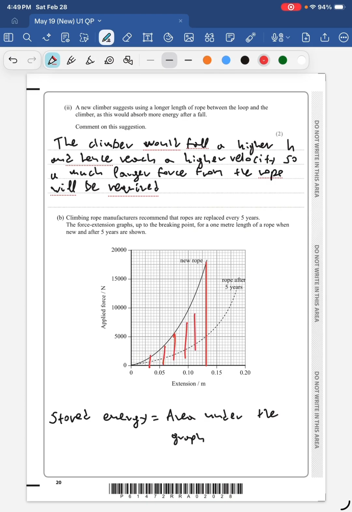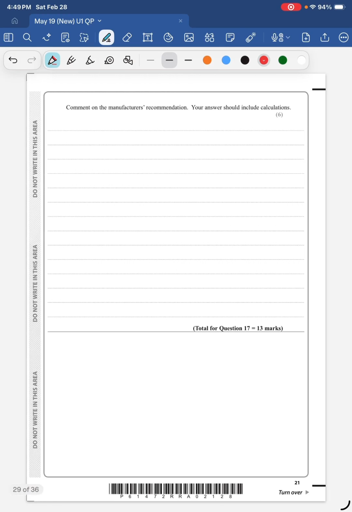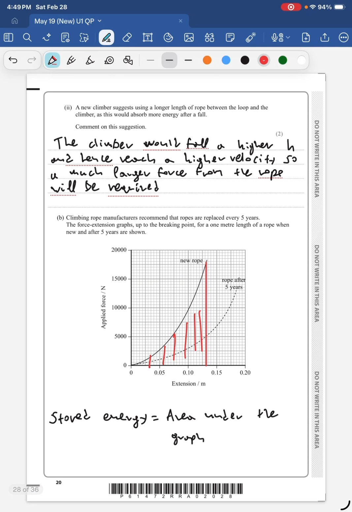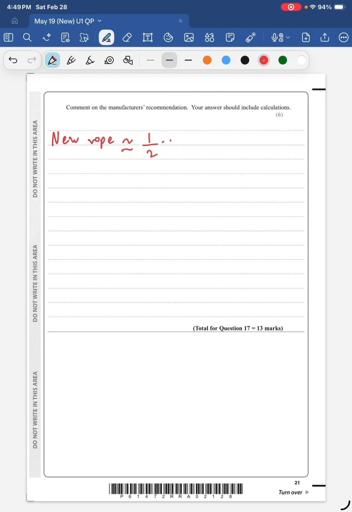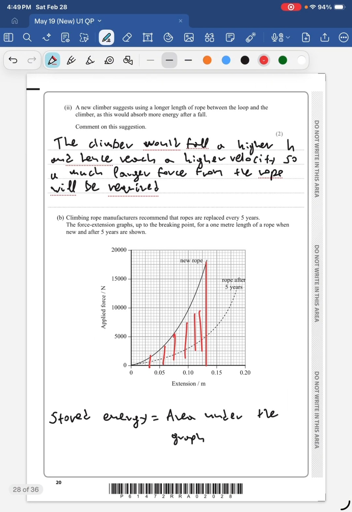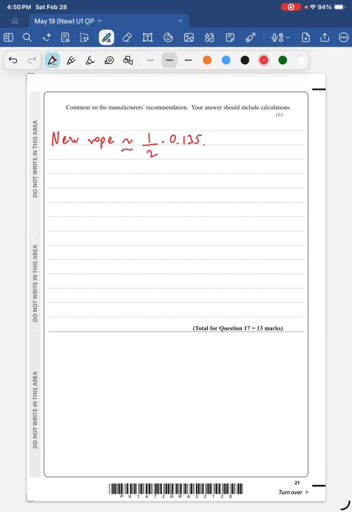We could approximate the area as 1/2 times 0.135, which is the end of this graph, times 17,500, like it's a triangle, which it is not, but I was feeling lazy.